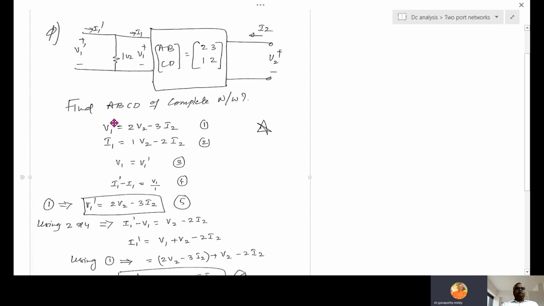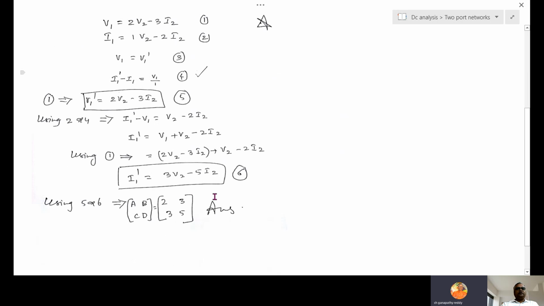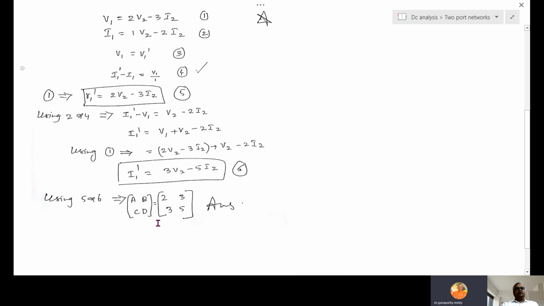The current over here is V1 by 1, which is I1 prime minus I1. Then V1 prime is equal to 2V2 minus 3I2. So these 5 equations, manipulate and simplify, and you will get ABCD.